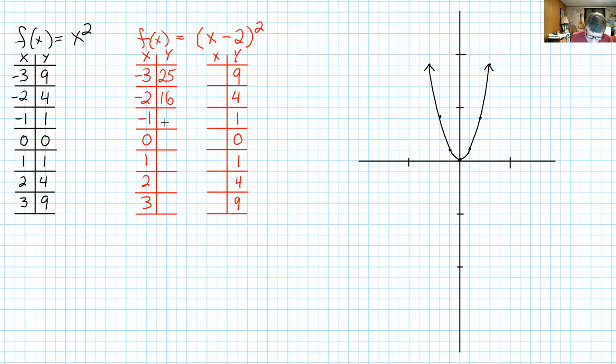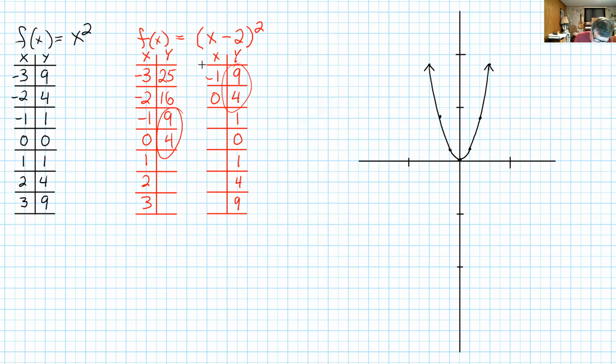If x is -1, -1 minus 2 is -3, the quantity squared is 9. If x is 0, 0 minus 2 is -2, the quantity squared is 4. I'm starting to get these values, so -1 and 0 produce the 9 and the 4.